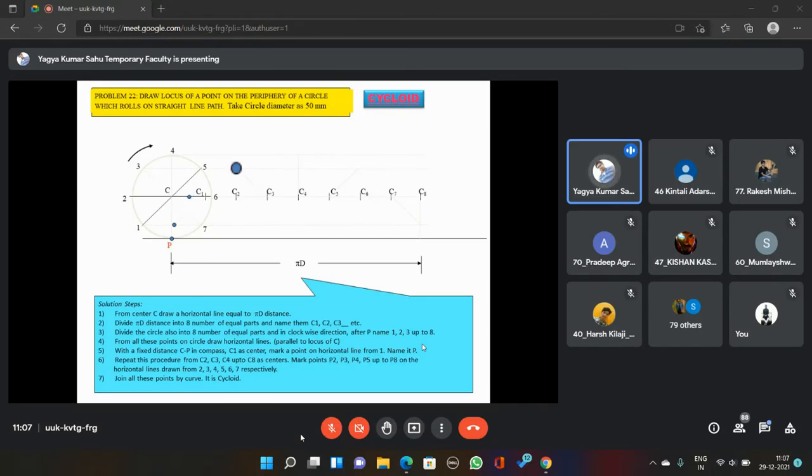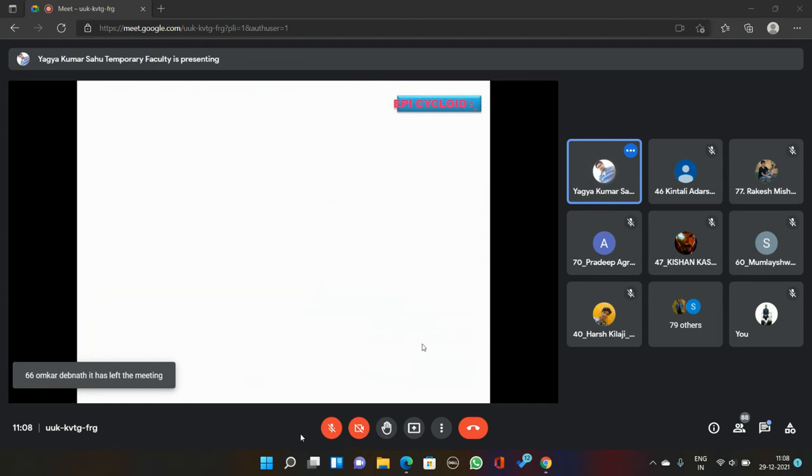Similarly, you'll get P2, P3, P4, P5, P6, P7, and the last point. Easy. Then join with the help of a French curve in a proper way, like this.